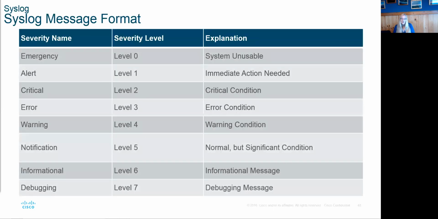And we have different severity names and levels. Cisco devices produce syslog messages as a result of network events. So every syslog message is going to contain a severity level and a facility. The smaller numerical messages are the more critical syslog alarms. If you have everything set to level 6, your logs are going to be so full of just basic information that you really don't need to know.